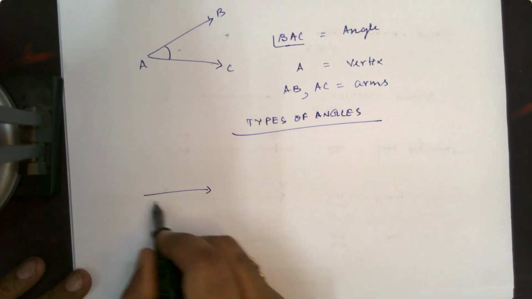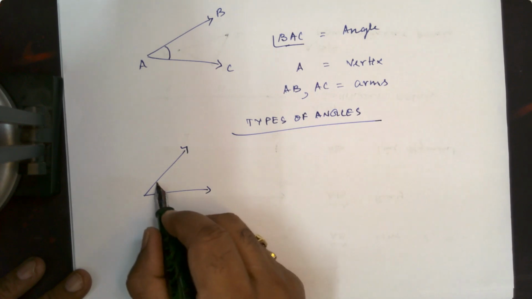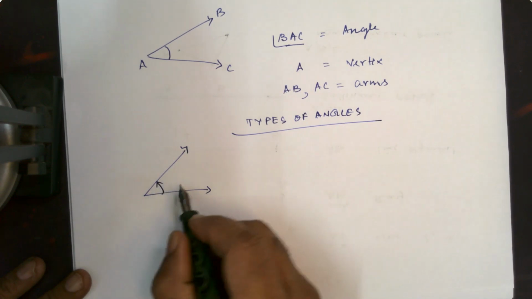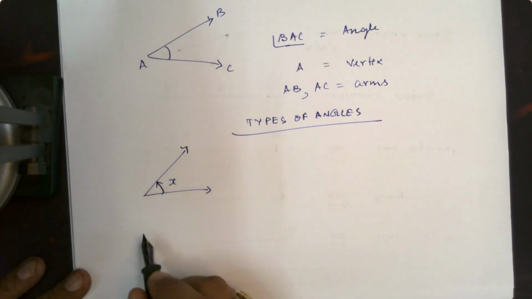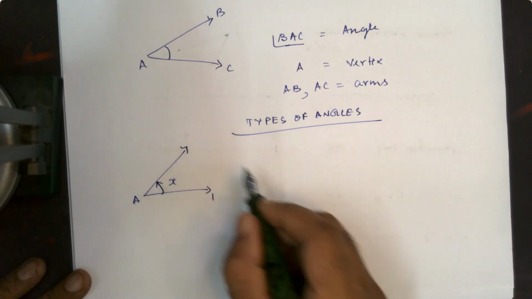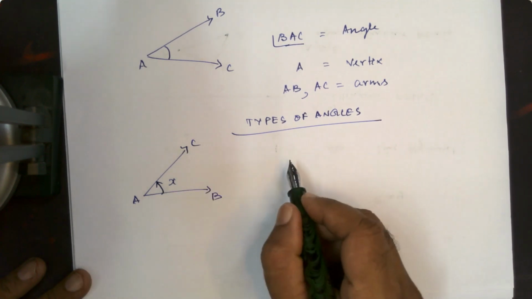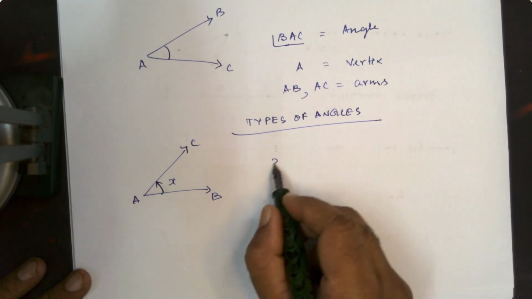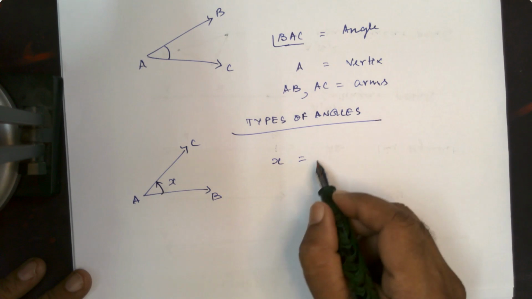When the two arms of the angle have an angle less than 90 degree, let us call it X. This is A, this is B. You can call this B or C, whatever it may be. Now, this angle X is called the acute angle.